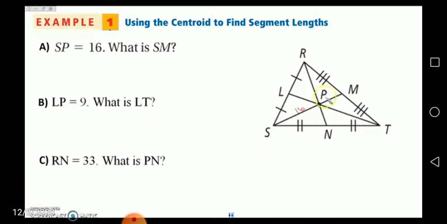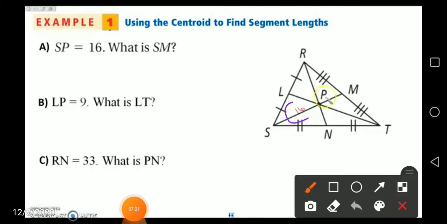Another easier way that I prefer: SP is 16, knowing that SP is 2/3 and MP is 1/3, this means that PM will be half of 16, which is 8.